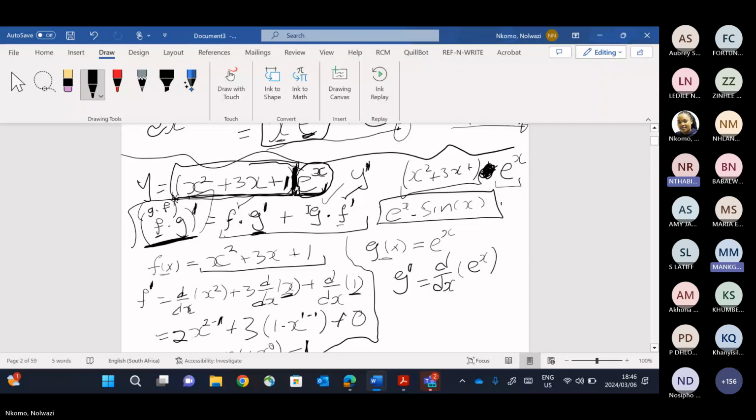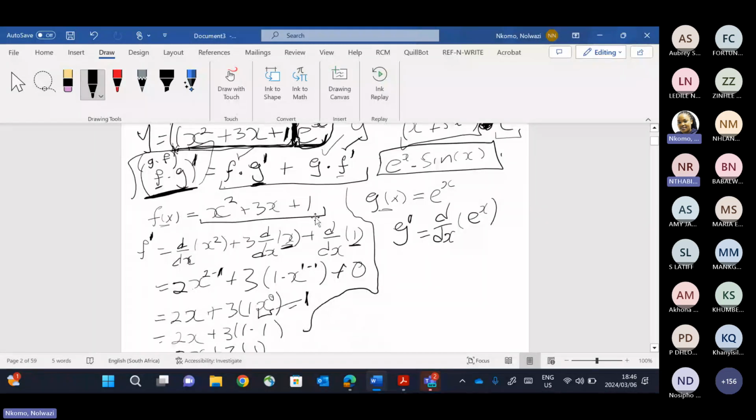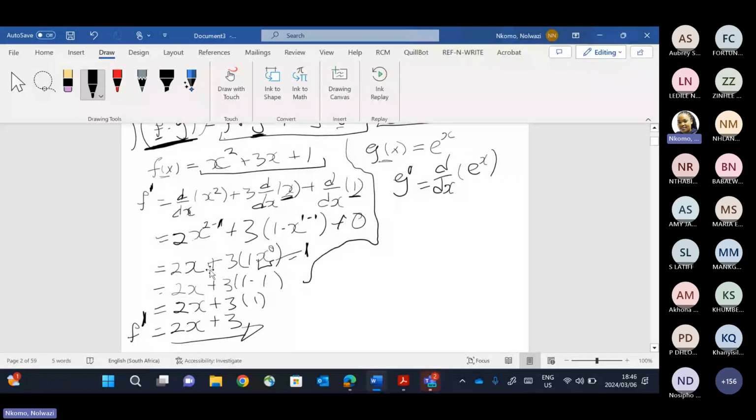So the next step, that exponent 2 minus 1 is supposed to be 1, right? Yes. But on the next line, you lost the 1 there. There's no need to write 1.